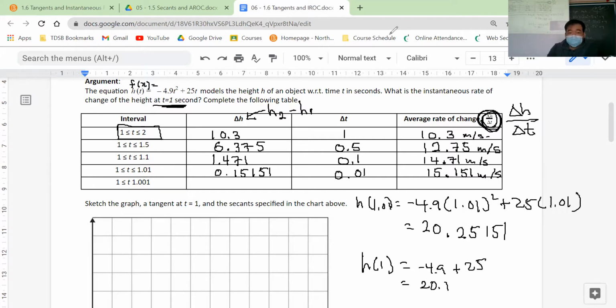Very last one, people. Let's see, 0.001: negative 4.9 times 1.001 squared plus 25 times 1.001. That's 20.115195.